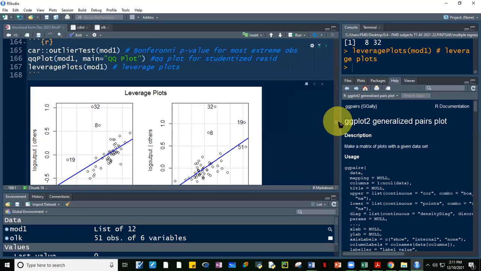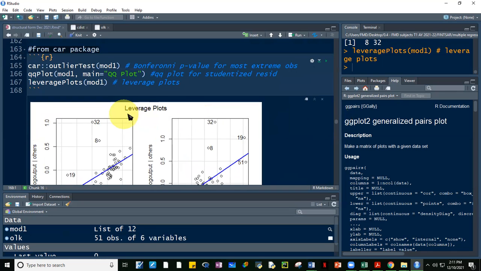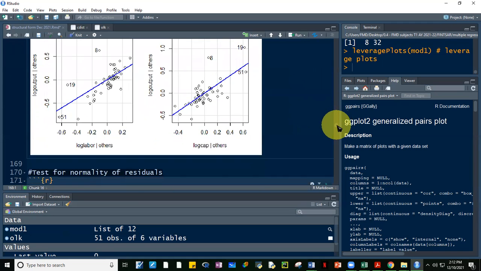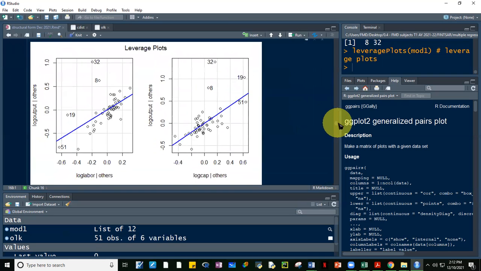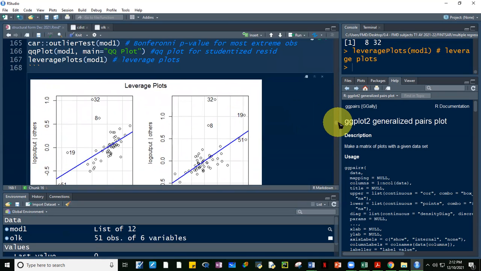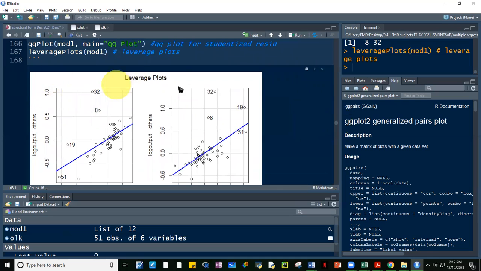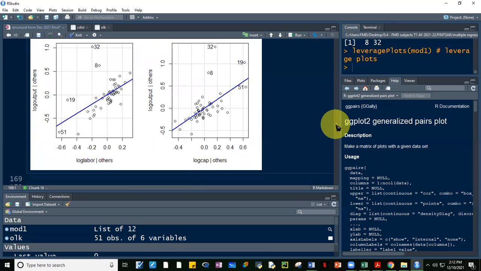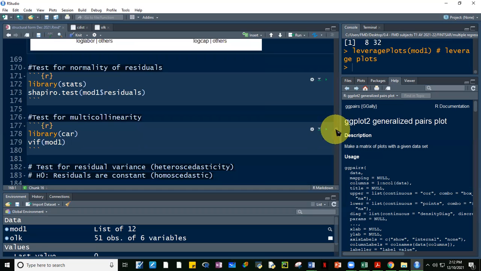Those are different from each other. So I want you to find out what these leverage points are. Are leverage points also outliers? What effect do they have on our model if we have leverage plots like this, and we have leverage points? I want you to find that out first, but we'll discuss that in greater detail next time.